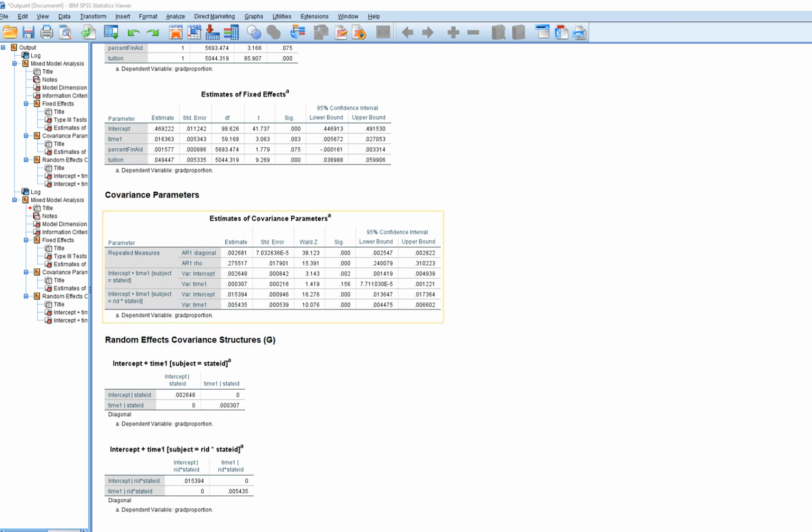So what this translates into is that we may want to incorporate state level predictors of the variation in intercepts in the graduation proportion across states, and also incorporate institution level predictors of the variation in intercepts and slopes across the institutions.